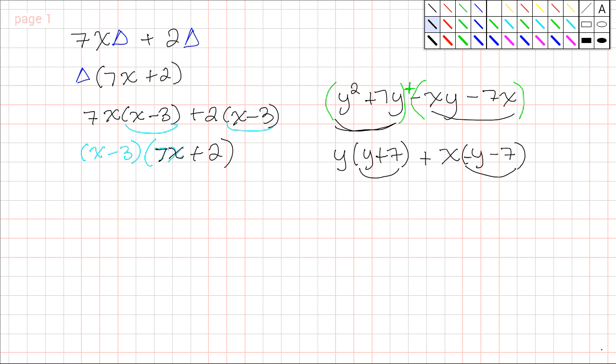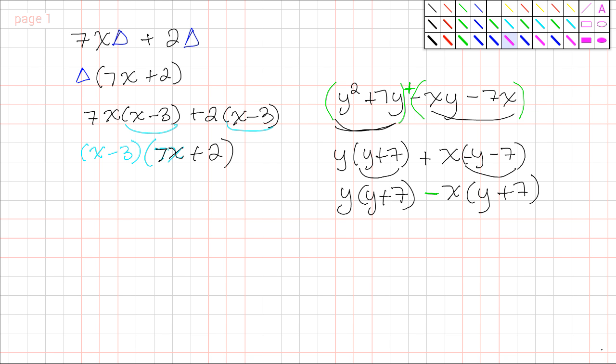What I could do is factor out a negative x, so the common factors look exactly the same. So in the next step, I am going to factor out that negative sign. So it's going to look like this, negative x times y plus 7.